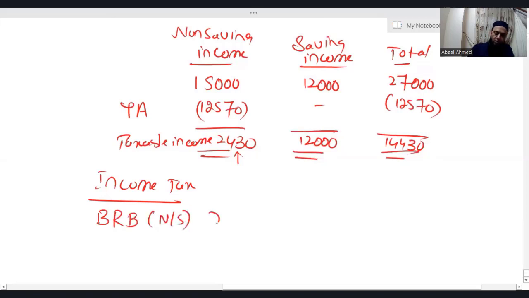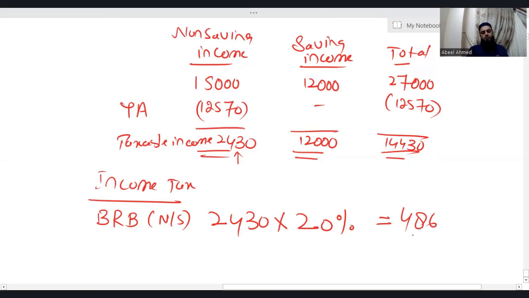Non-saving 2,430 into 20%. I'm getting 486. Okay. Now we have to move towards saving income.